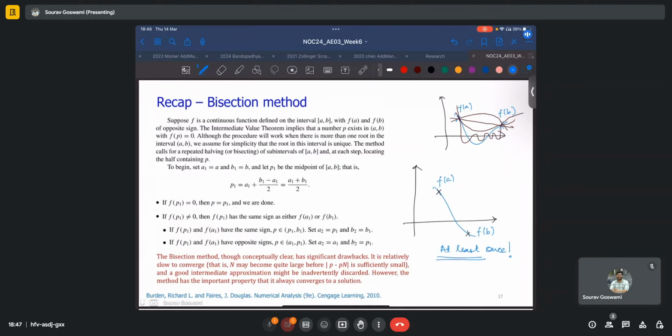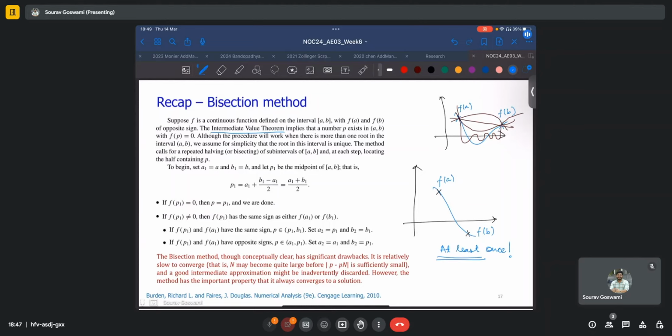So if f is continuous, defined on interval closed AB with f of a and f of b of opposite sign, the intermediate value theorem, which we looked at some time ago, implies that there exists a number p in closed AB with f of p equals 0. So we set the value k equals 0 here. And it will still work when there is more than one root.